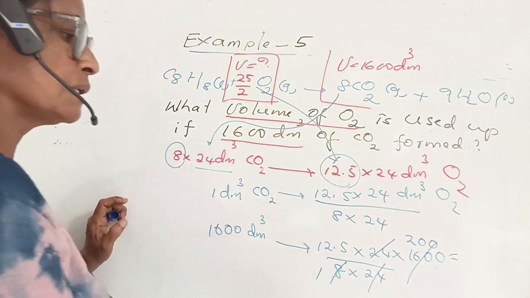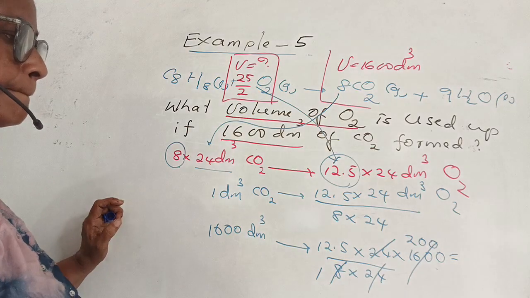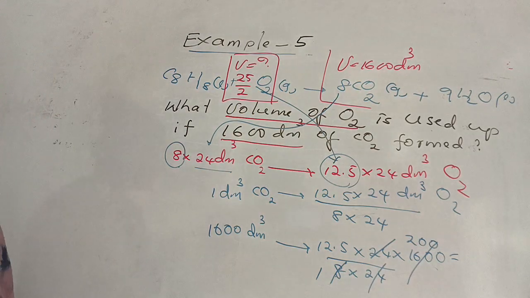So the final answer is 12.5 multiplied by 1600, which is 20,000, divided by 8. Or else it is 200 multiplied by 12.5.